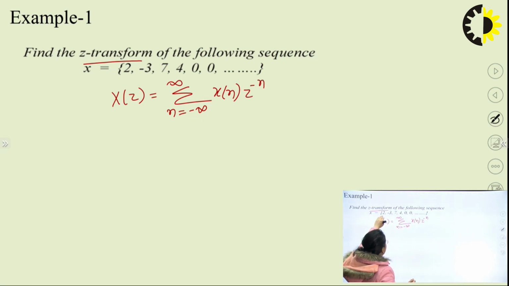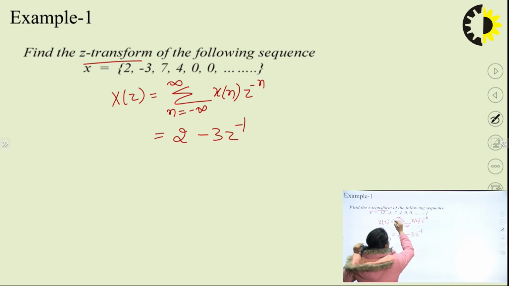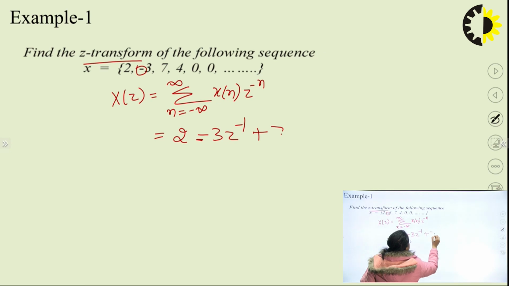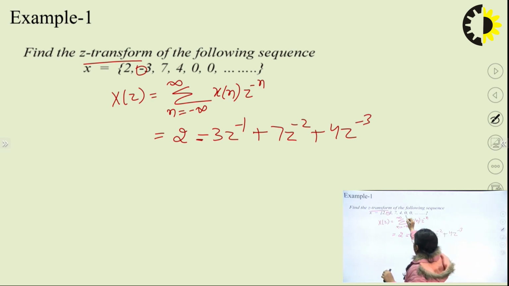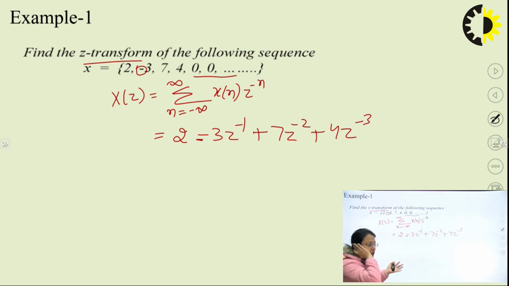Putting in the values of x(n) in this discrete form, I get 2 into z to the power 0, minus 3 into z to the power minus 1, plus 7 into z to the power minus 2, plus 4 into z to the power minus 3, and the other terms have coefficient 0, so those terms are 0. This is X(z), the Z transform of x(n) in this case.